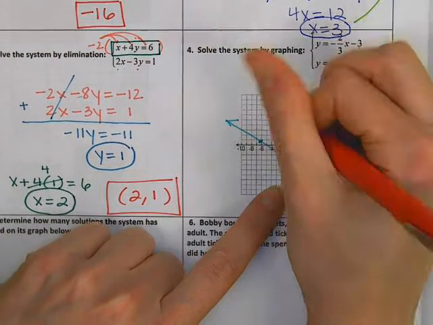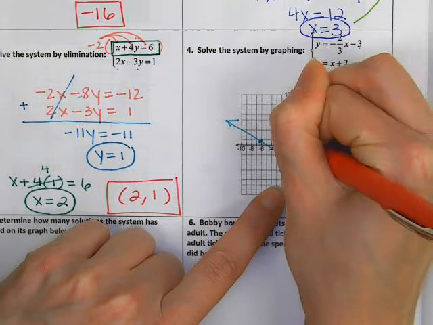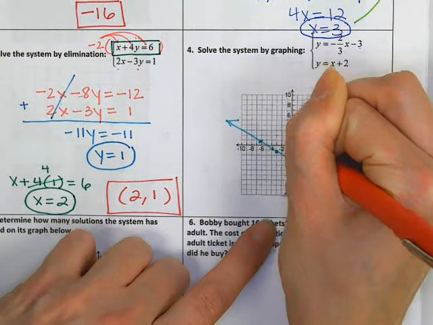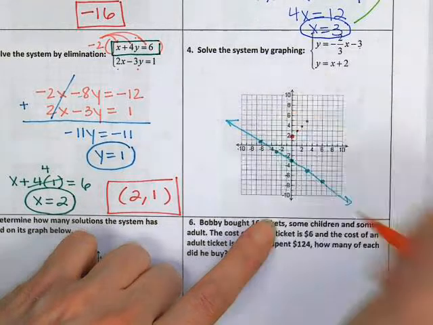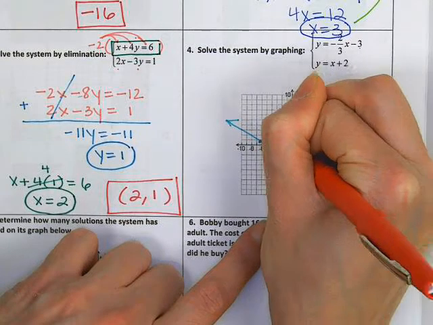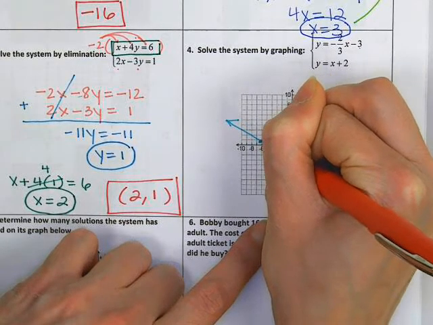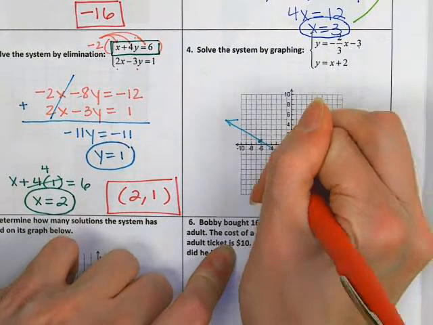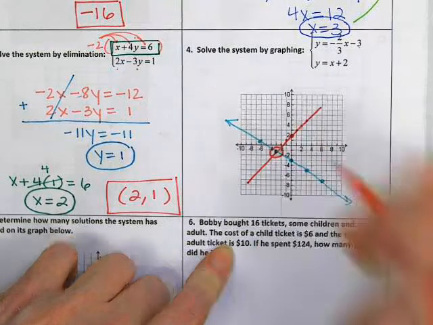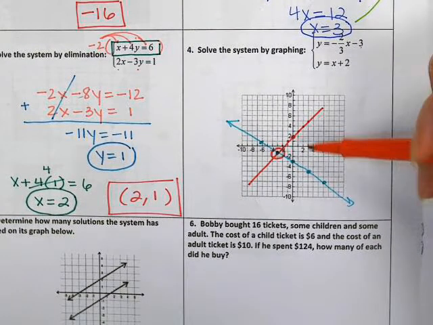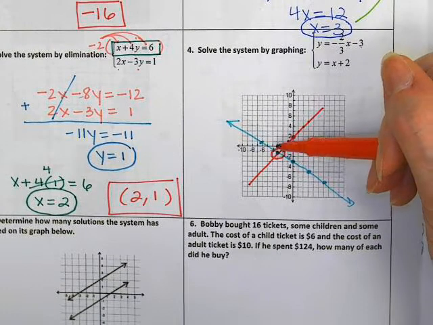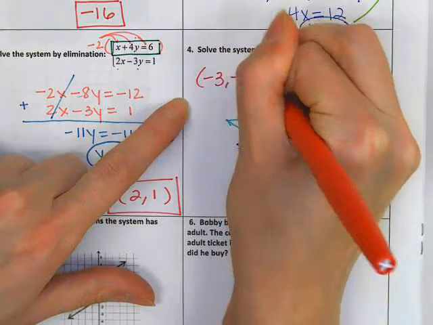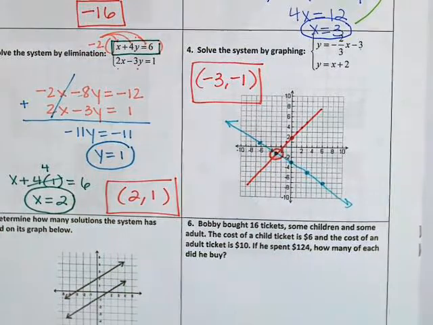This one we start at 2, and the slope is up 1, right 1, up 1, right 1, up 1, right 1. We're not really going anywhere, so let's go the other way. Down 1, left 1, down 1, left 1, down 1, left 1. I think that's it. So this point, oh, it's so hard to see. I think it's -3, -1. So that's solved by graphing.